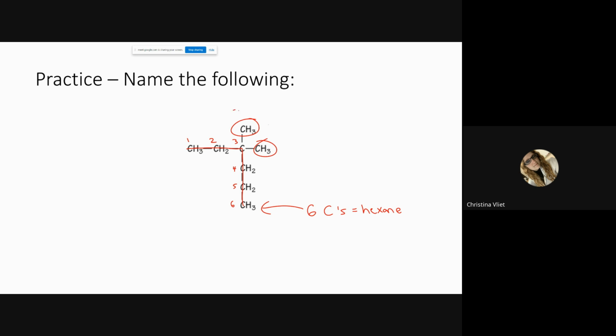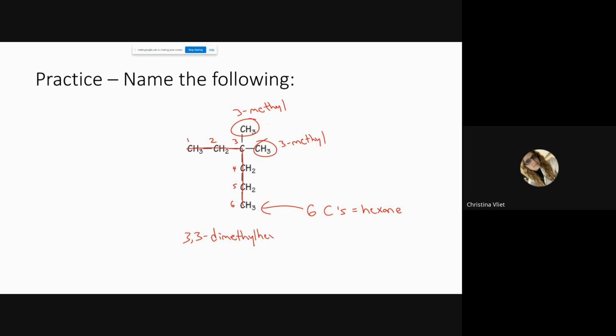So this is 3-methyl, this is also 3-methyl. So what's the final name for this? 3,3-dimethyl.